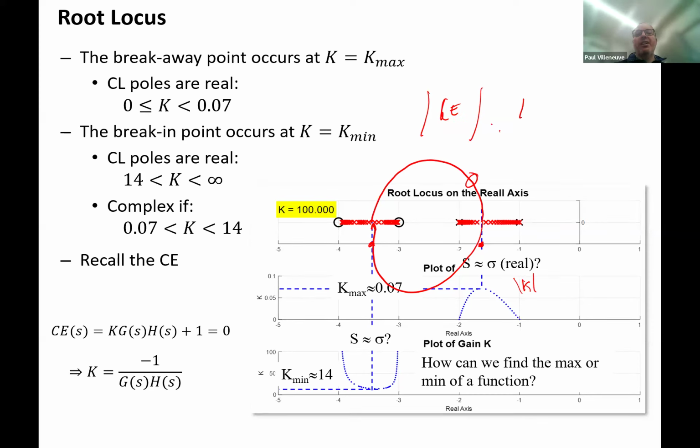Evaluated at s equals a valid root, it has to be equal to 1 at an angle of plus or minus 180 degrees. Actually, not the characteristic equation, it's the open loop transfer function. Evaluated at that value it has to be equal to 1 at plus or minus 180.